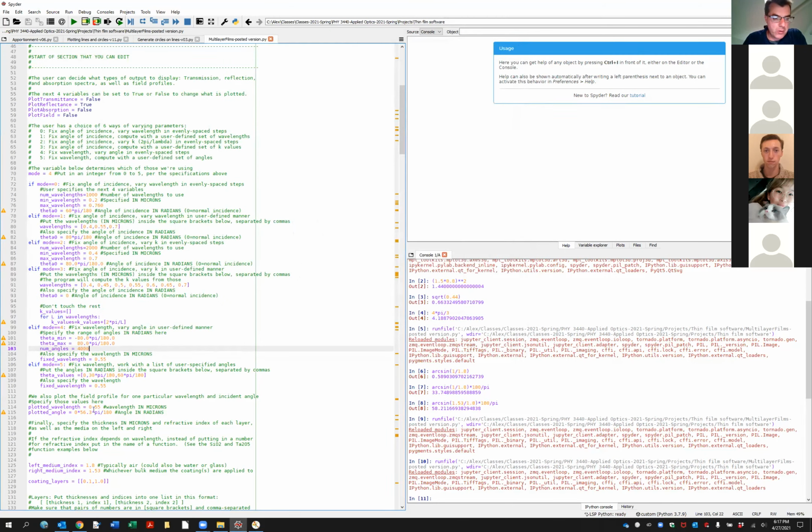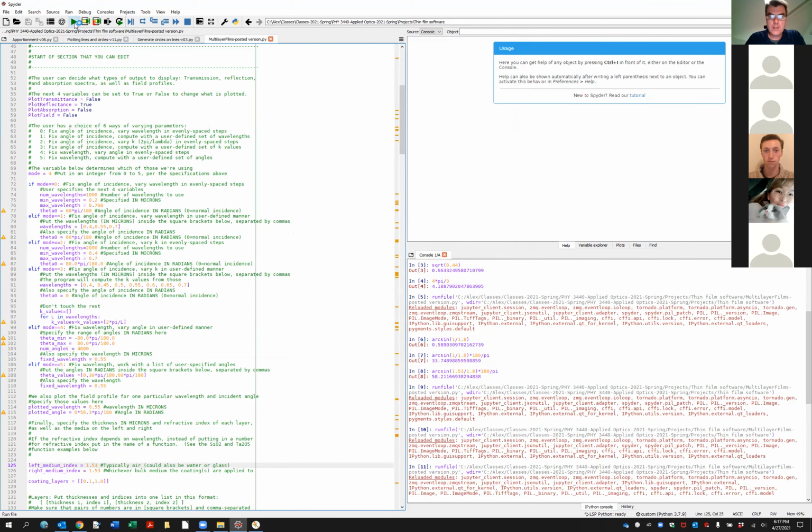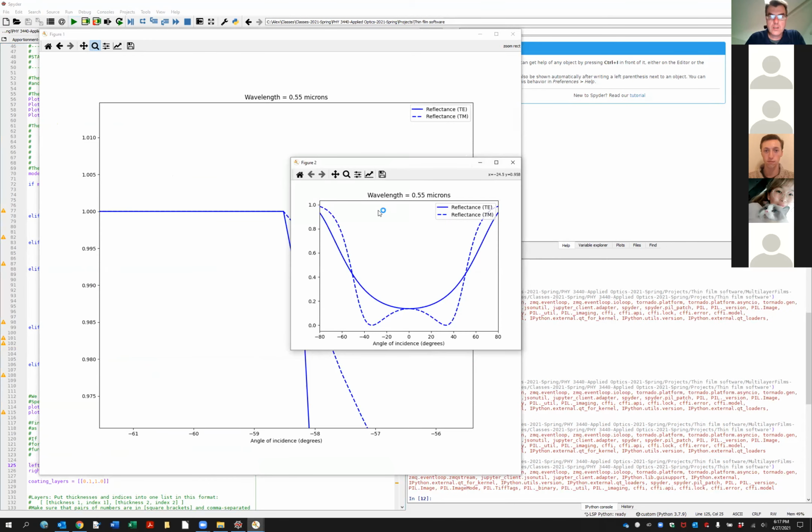Let's just make both media 1.53 and see what happens. Now we don't get total internal reflection. In fact, we don't get total internal reflection anywhere along here.